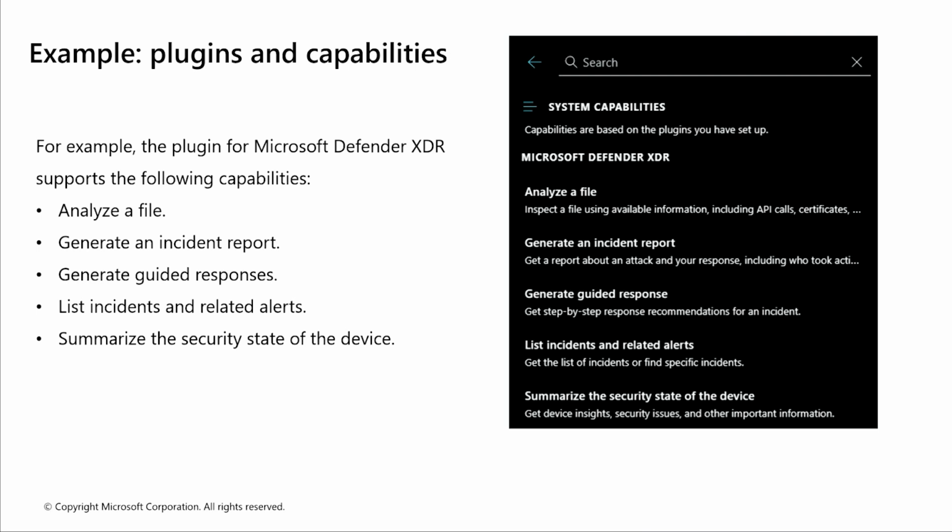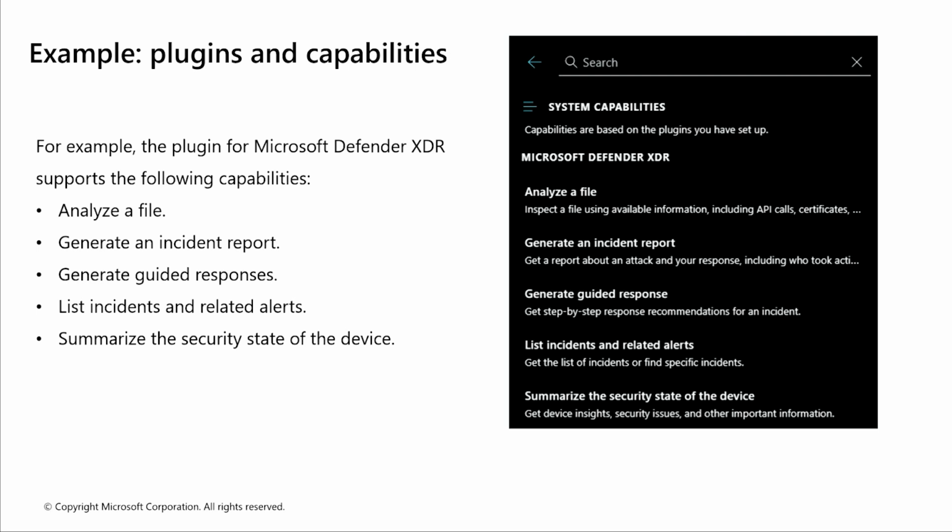Microsoft Copilot for Security integrates with various sources through plugins, including Microsoft's own security products like Defender XDR. For example, the plugin for Microsoft Defender XDR supports capabilities such as analyzing a file, generating an incident report, and summarizing the security state of the device. These plugins and capabilities enable Copilot to provide comprehensive and contextualized responses to security-related prompts.